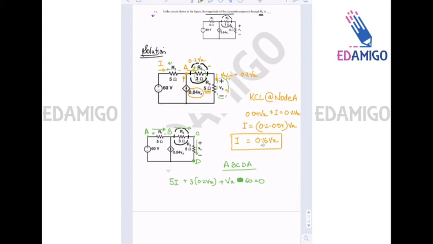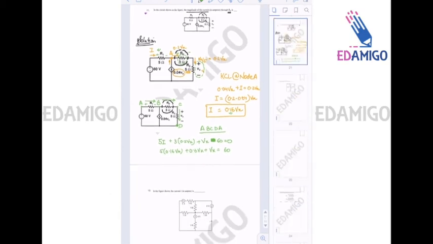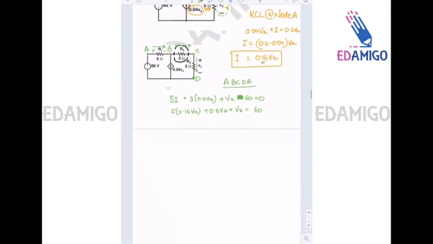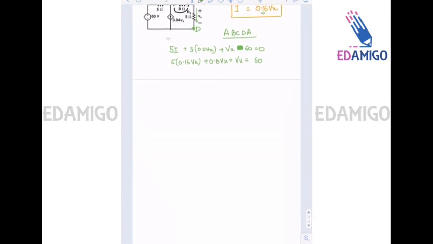And we know the value of I also, that is 5 multiplied by 0.16 Vx, 0.6 Vx plus Vx is equals to 60. So 60 is equals to 1.6 Vx plus 5 multiplied by 0.16 is 0.8 Vx.